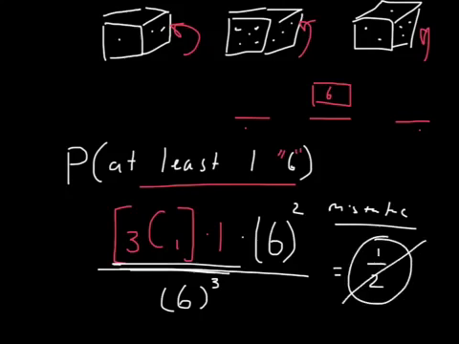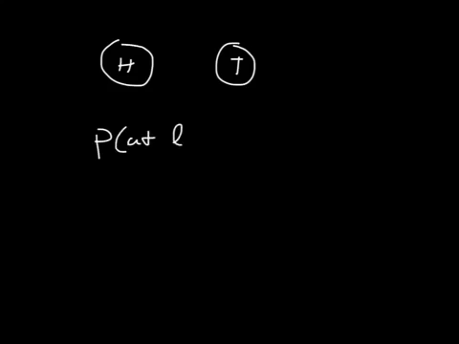Let's try to figure out why that's not right. It might be helpful for us to think about a coin. So we could have heads or tails. And let's make this even simpler, and let's think about just flipping 2 coins. And I want to find the probability of at least 1 head.